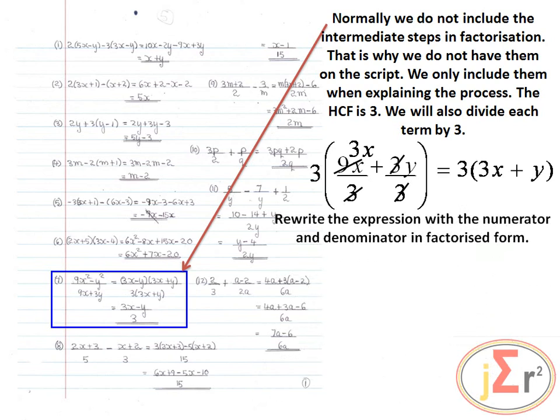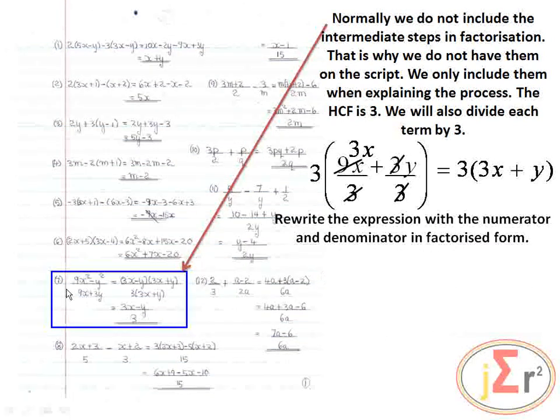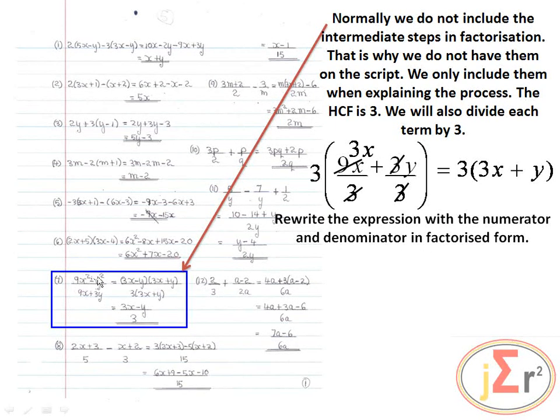Rewrite the expression with the numerator and the denominator in factorized form. And I hope that we will remember from the previous slide, 9x squared minus y squared is a difference of two squares. Then, for that difference of two squares, what do we do?